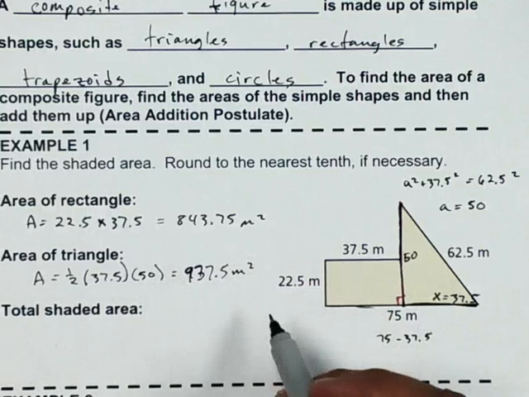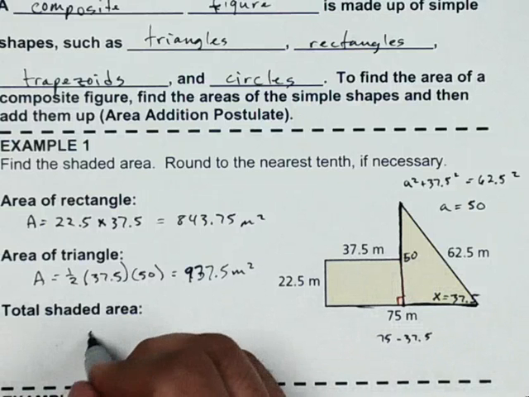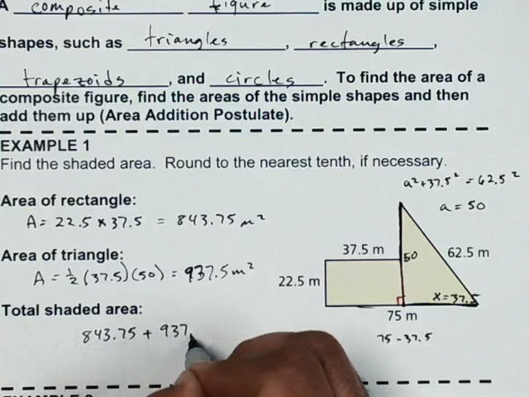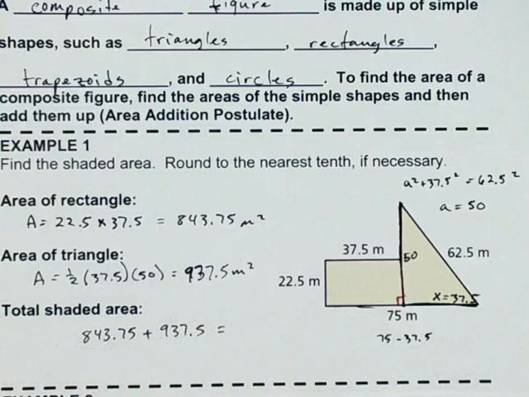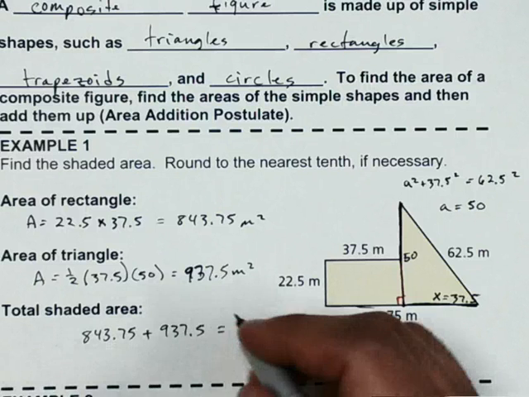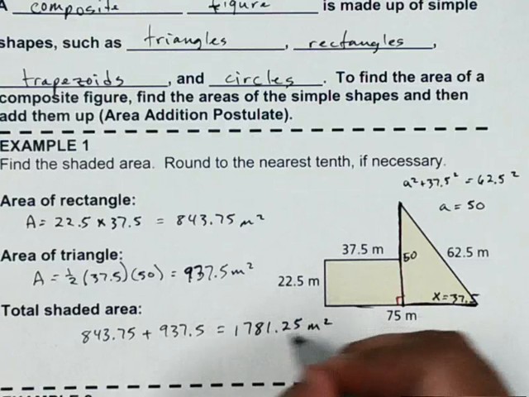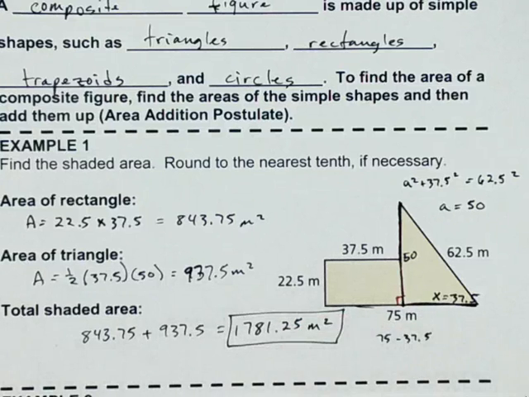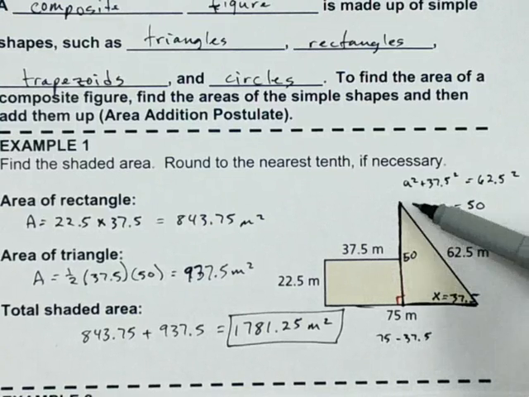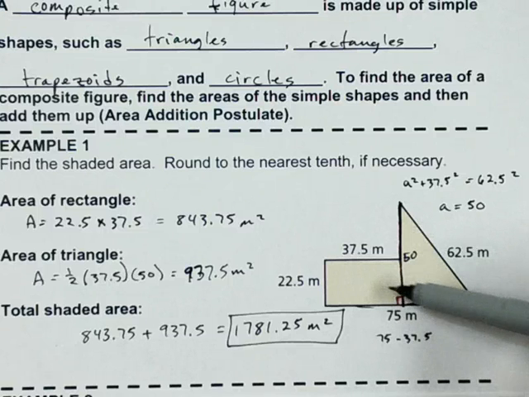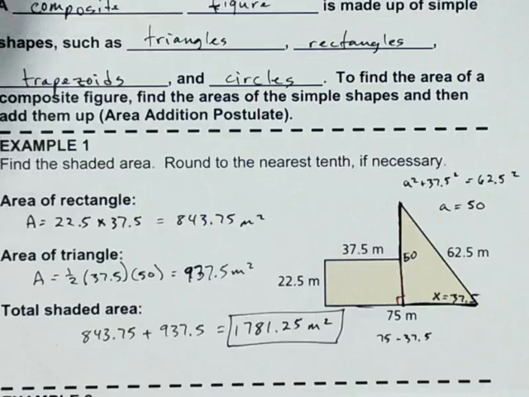Then to find the area of this shaded part, I'm going to add these two together: 843.75 plus 937.5, which comes out to be 1781.25 meters squared. So I had to do a little bit of extra work, but I was able to figure out the area of this triangle and the area of this rectangle, and then I simply added them together.